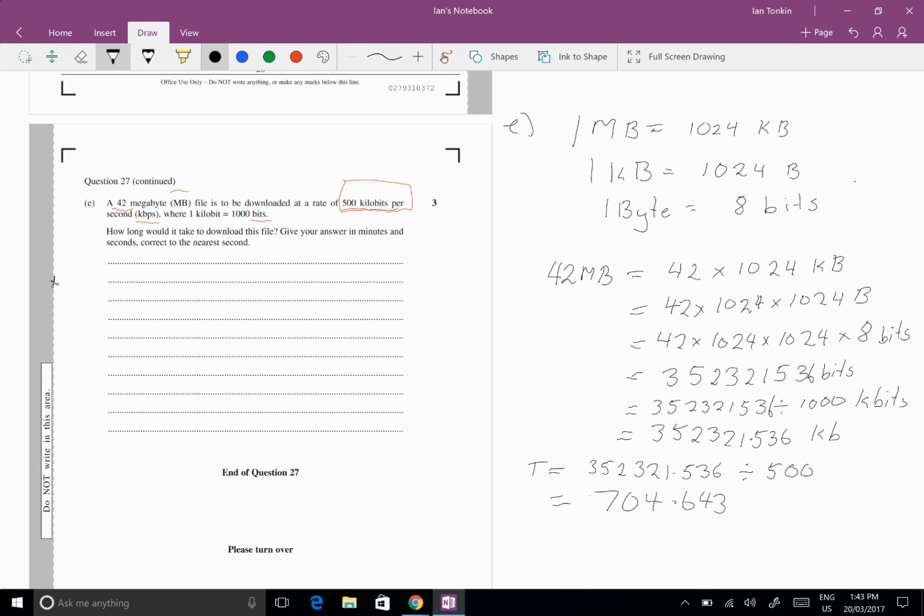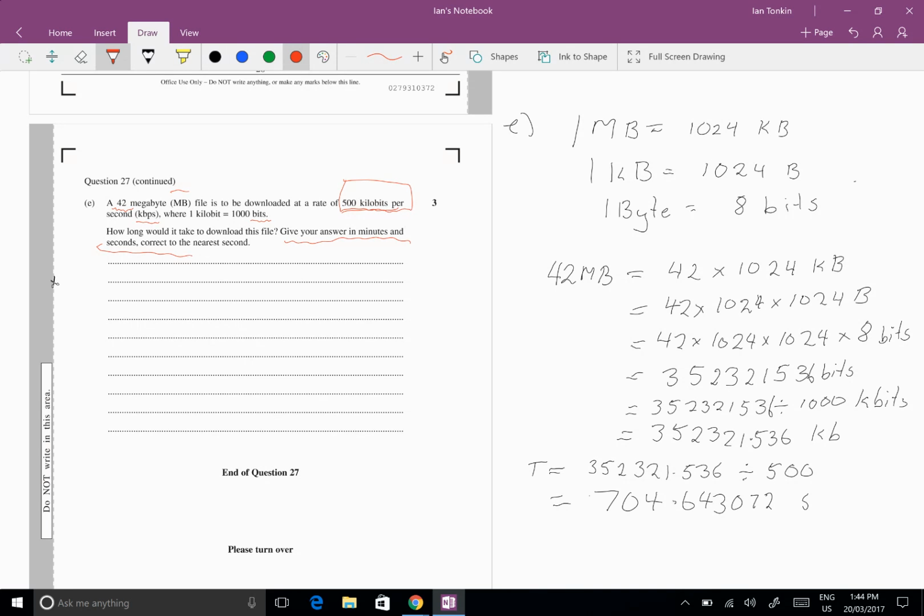I'm just going to check that because I'm not sure about the calculator. 352321.536 divided by 500, and yeah, 704.643072 seconds.